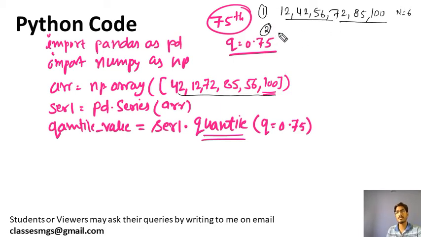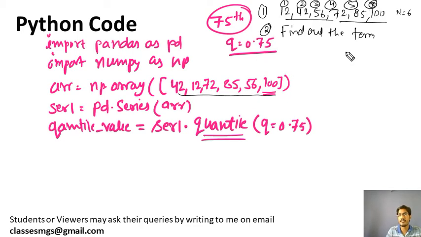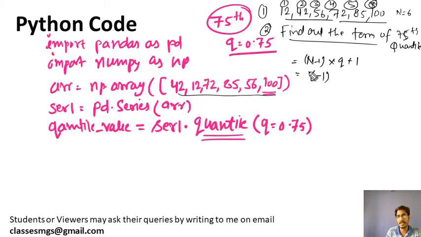In step 2, what will we do? We will apply the formula to find out the term. Here you can say this is the first term, this is the second term, this is the third term, fourth term, fifth term, and sixth term. We need to find out the term of the 75th quantile. For that I have explained the formula: (n minus 1) times q plus 1. Here n is 6. So 6 minus 1, times q.